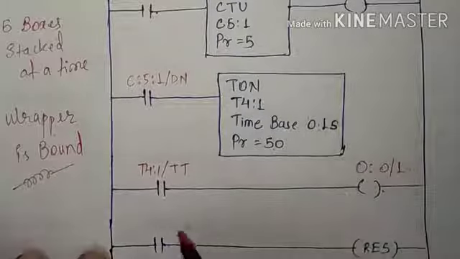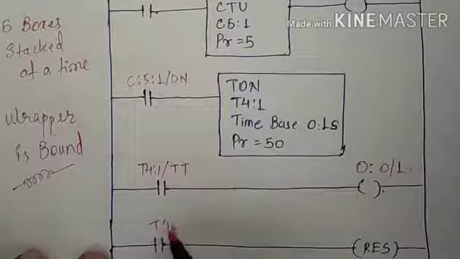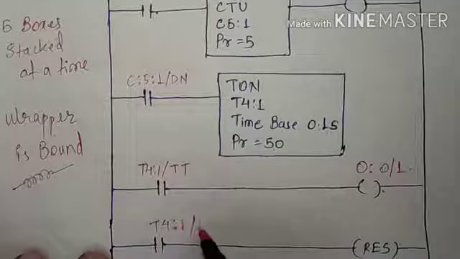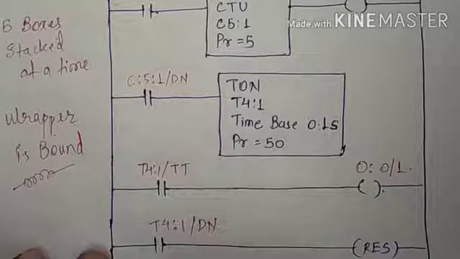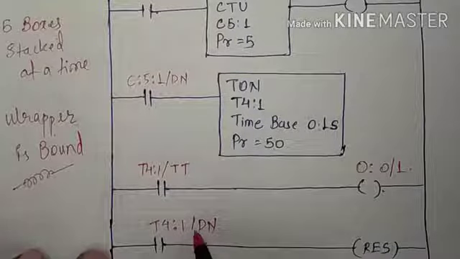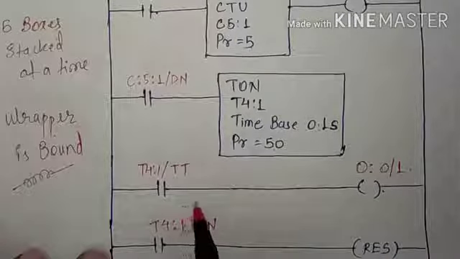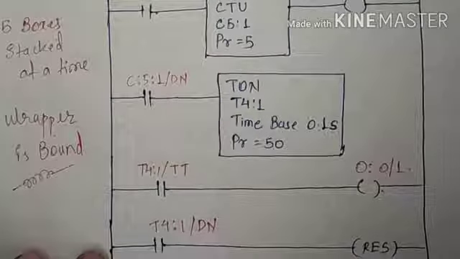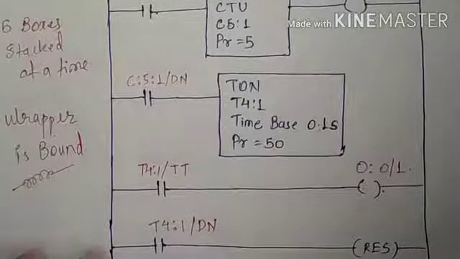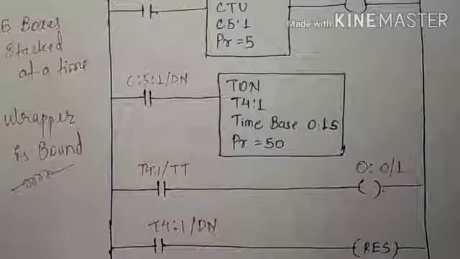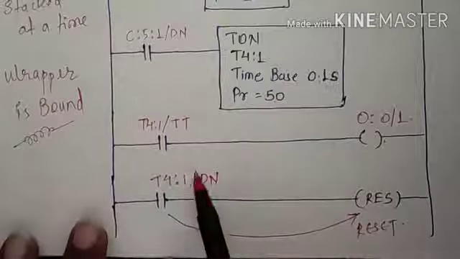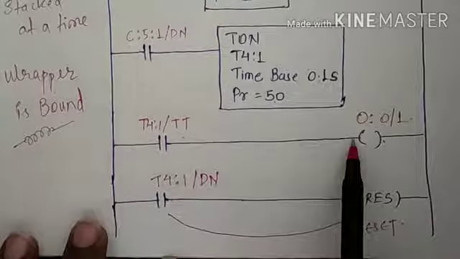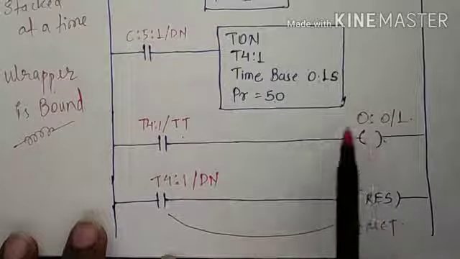Then after the process, the accumulator value will become the preset value. Then this done bit will be set, and what happens at this step is the reset of the counter. Reset. So it's a very simple diagram. During the running condition, the output will be on.